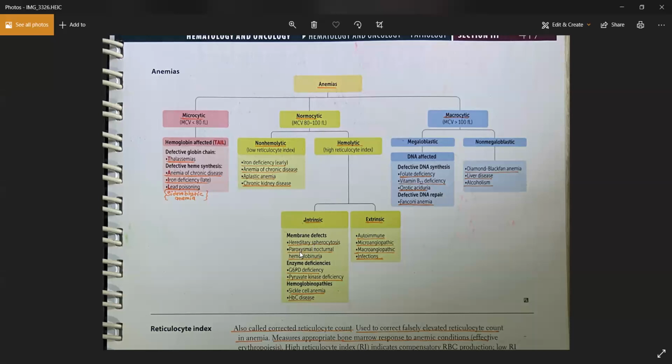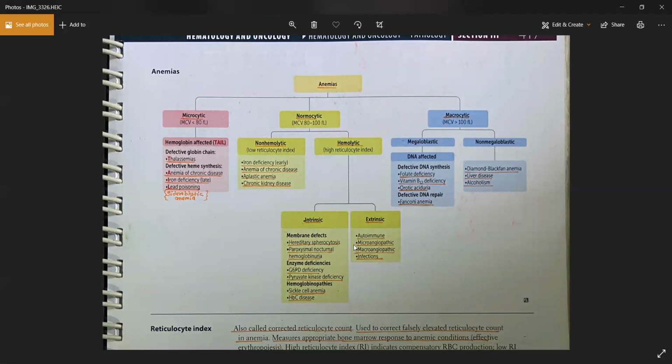Like in case of paroxysmal nocturnal hemoglobinuria, in which the anchoring protein is lost from the membrane, and now the complements can act against the RBCs, can destroy them, right? So the hemolysis is happening because of the membrane defect. Second is the enzyme deficiency, like the glucose 6-phosphate dehydrogenase deficiency or the pyruvate kinase deficiency. In both of these scenarios, you can have the hemolysis because of the enzyme loss. Third is the hemoglobinopathies like the sickle cell anemia or the HbC disease.